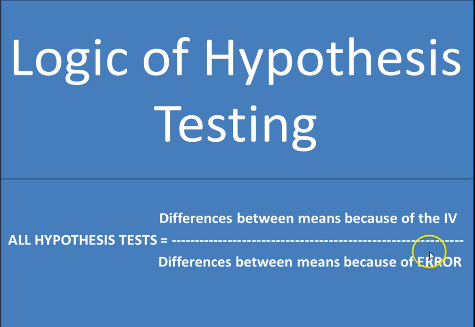Error is not a mistake, but rather, error in hypothesis testing is the differences between the means we believe are there because of many different things, but not because of the effects of the independent variable.